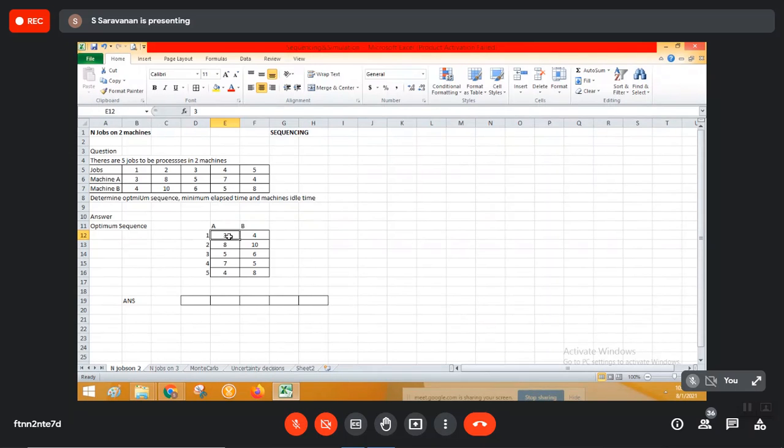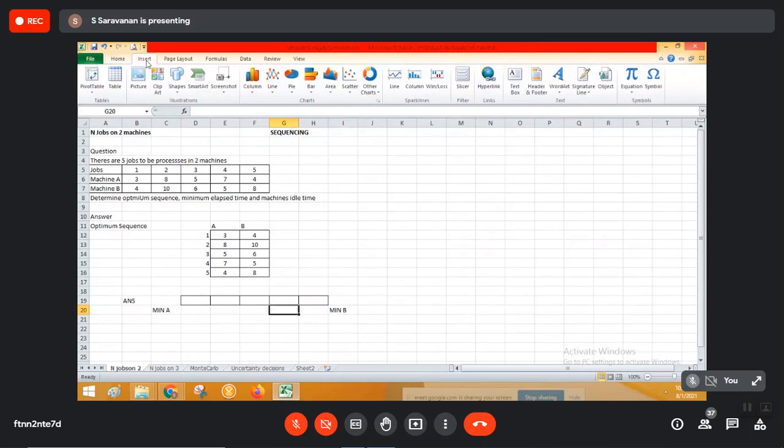If the minimum is in machine B, you have to approach from the other end. If the minimum is in machine A, you have to start from this position. If the minimum is in machine B, we have to start from that position.